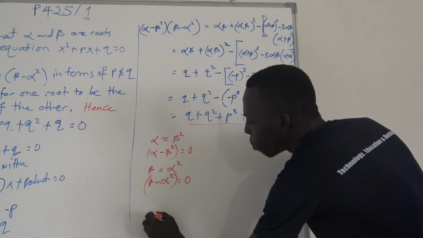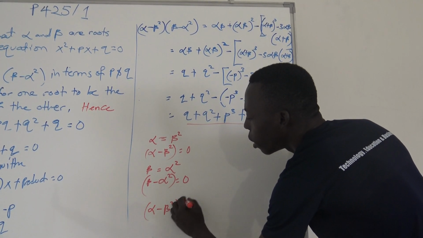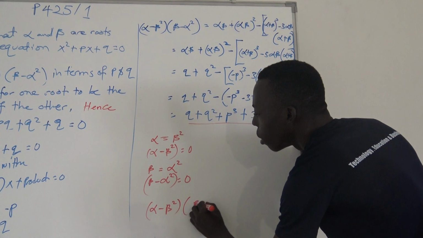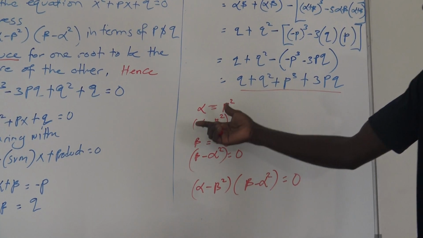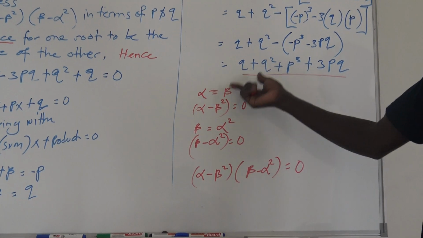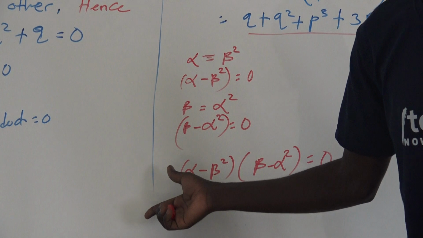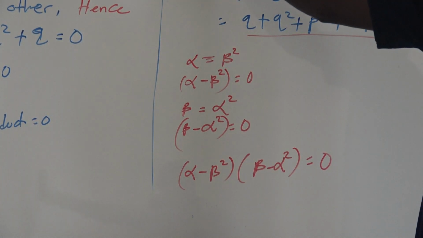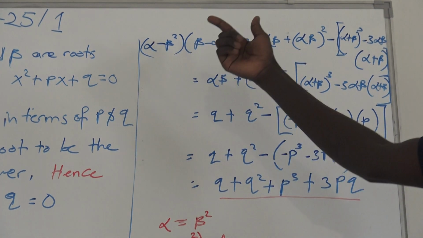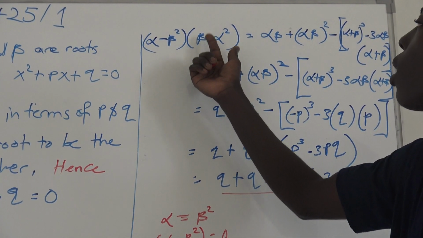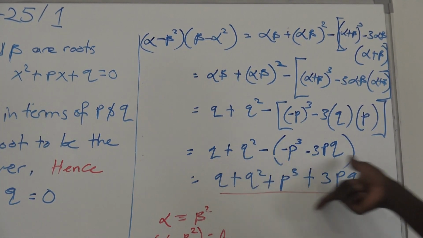Since everything is equal to 0, we can multiply the two and equate it to 0. So it will be alpha minus beta squared, times beta minus alpha squared, must give us 0. But we also know that from our expansion, which they gave us, alpha minus beta squared times beta minus alpha squared is giving us this value here.